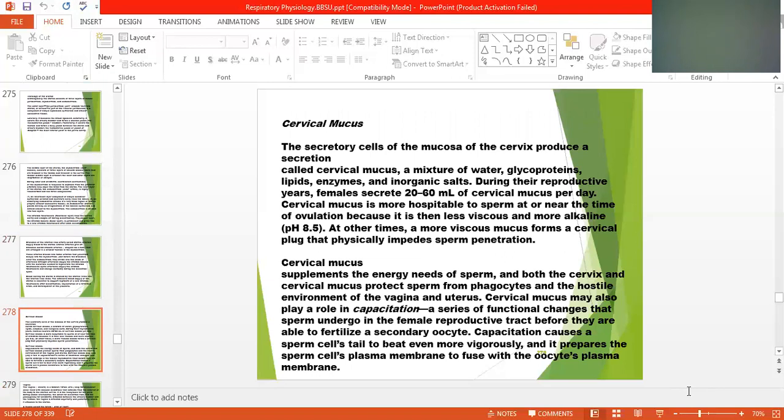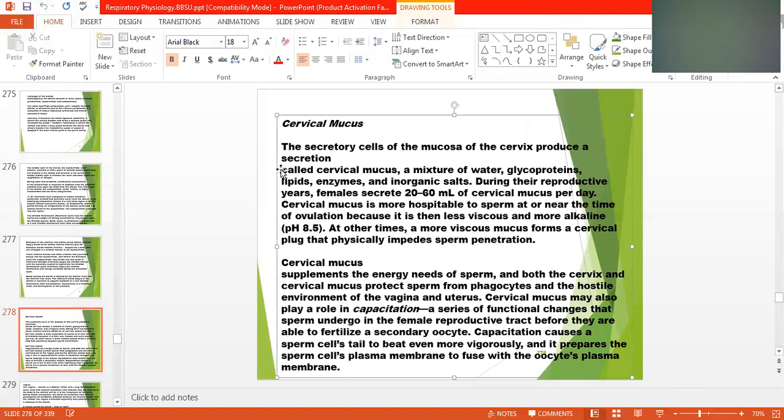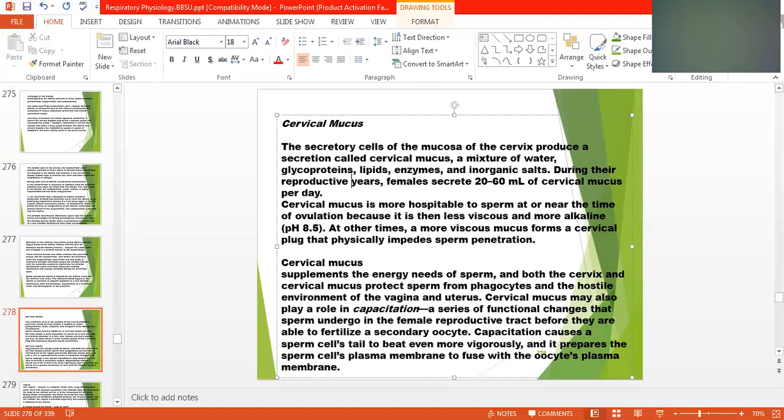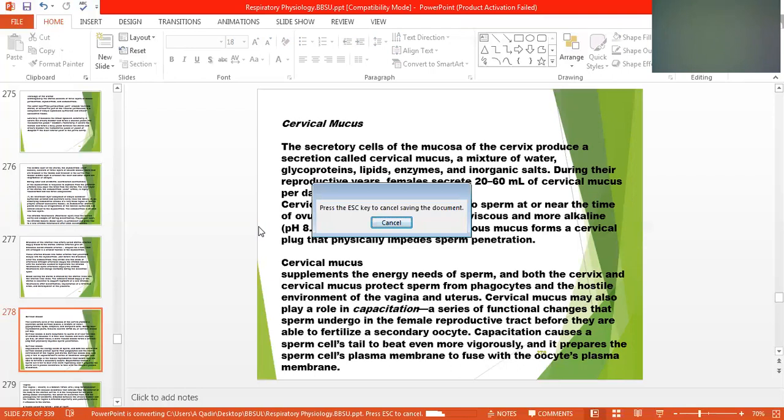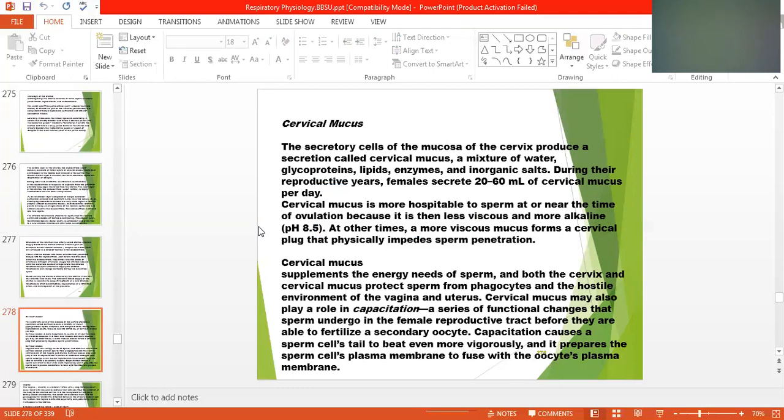Cervical mucus is a mixture of water, glycoprotein, lipids, enzymes, and inorganic salts. During their reproductive years, females secrete 20 to 60 ml of cervical mucus per day.